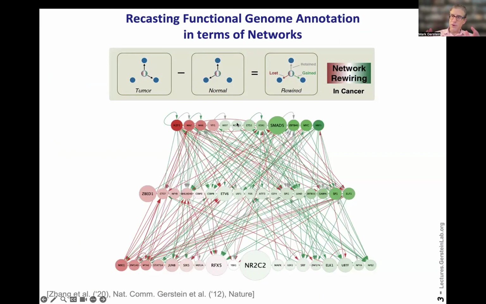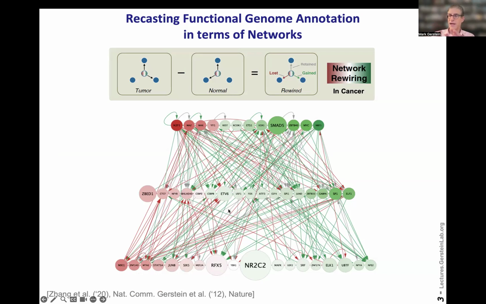Now, one of the key things we do is we take these annotation blocks and we group them into units to make networks. And this is in the realm of what you might call network science. And here's a representation for a molecular network. These are all the transcription factors in the human genome, and they're arranged in a hierarchy so that the more regulating ones sit at the top, and then the regulation you can see flows downwards through arrows.